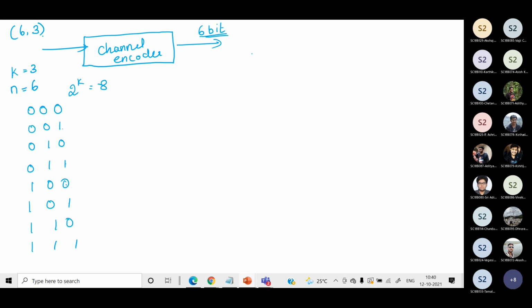So it means the first 3 bits will be my message, the message word, followed by 3 parity bits I'm going to add: P0, P1, P2.